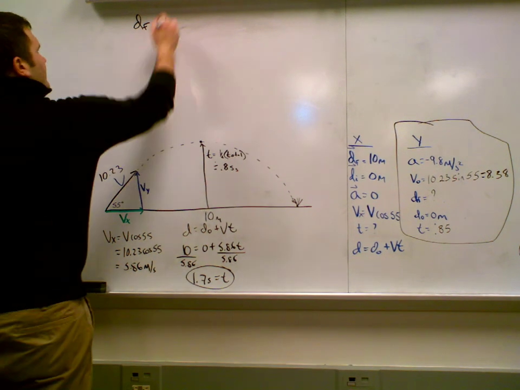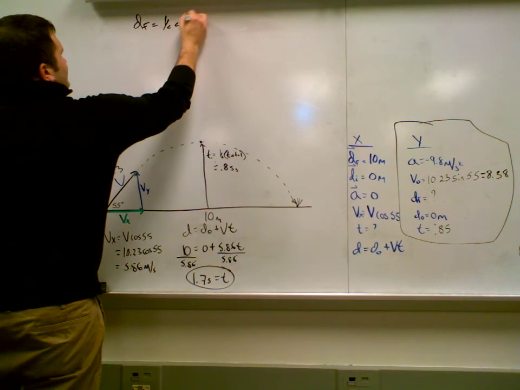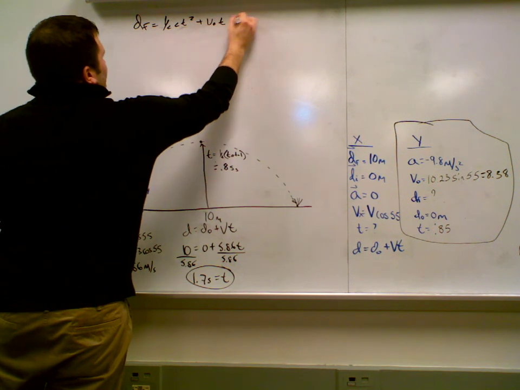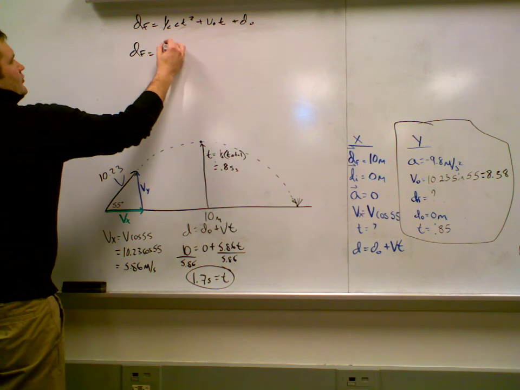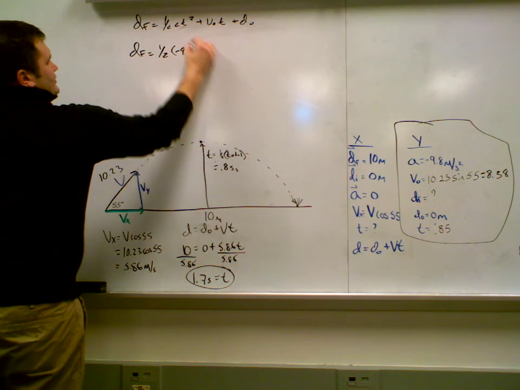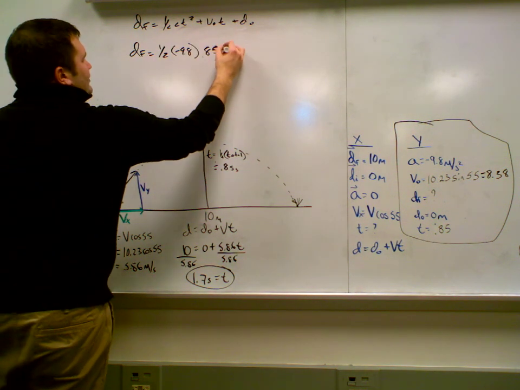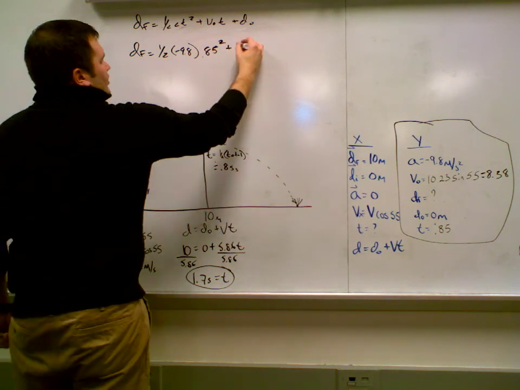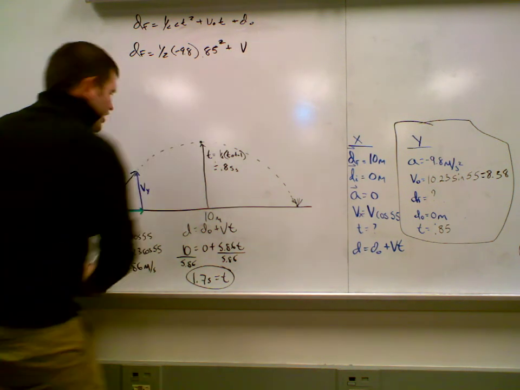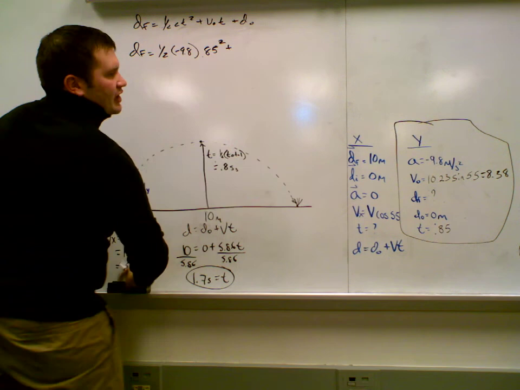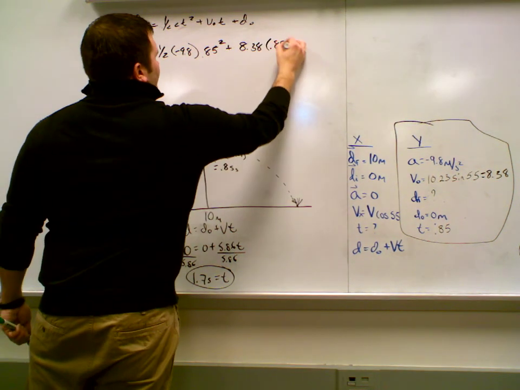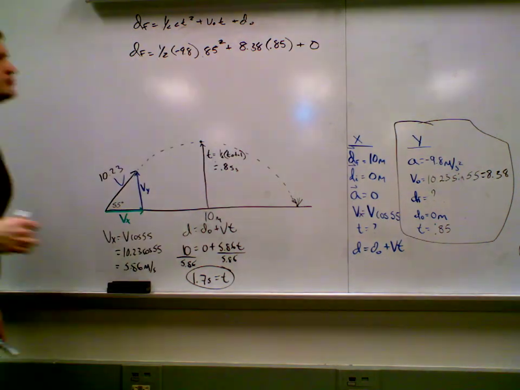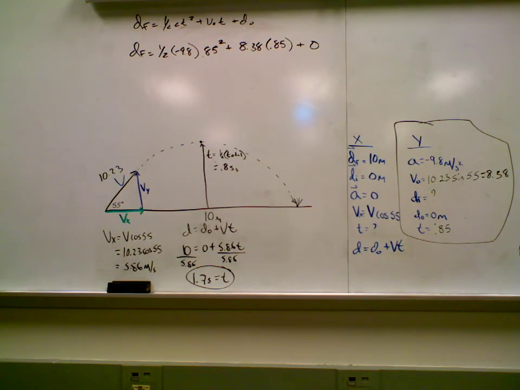It's the end of the problem. 1/2 at squared plus v naught t plus d naught. So now we can plug in what we know. D final equals 1/2 times negative 9.8 times 0.85 squared plus v naught, which we know is 8.38, times 0.85 plus 0. Can we figure out the height at 0.85 seconds?